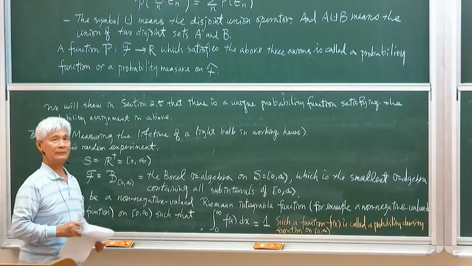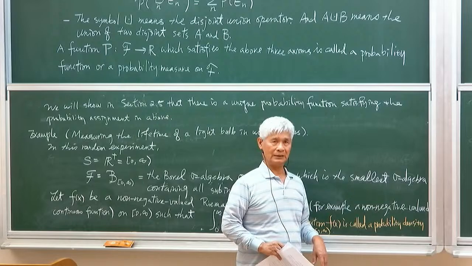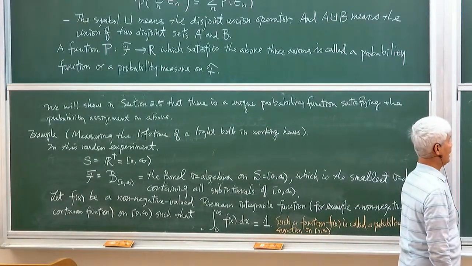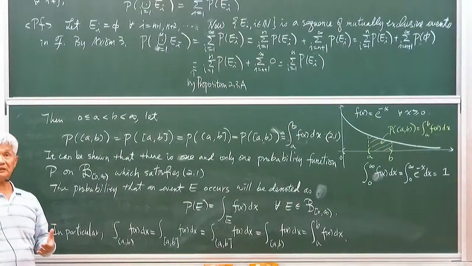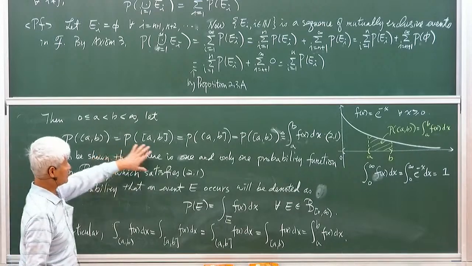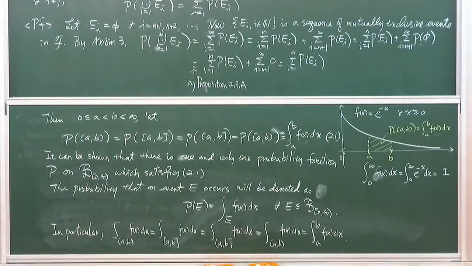Many problems are pretty much like this kind of random experiment. Once you know there is one and only one probability function given these probabilities, you are able to use all the properties of a probability function to deal with your problem.